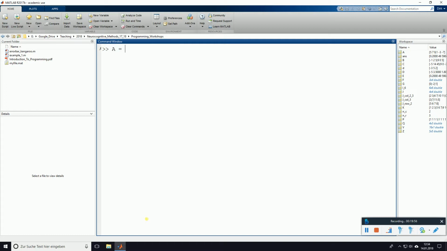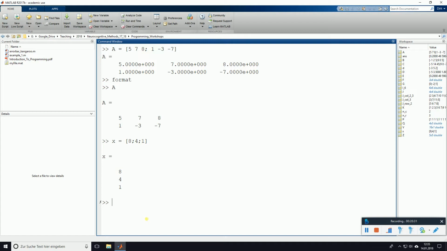So for example, if we have a matrix A and a vector, then we can form the matrix product of this matrix and this vector, because here we have three columns and here we have three rows.